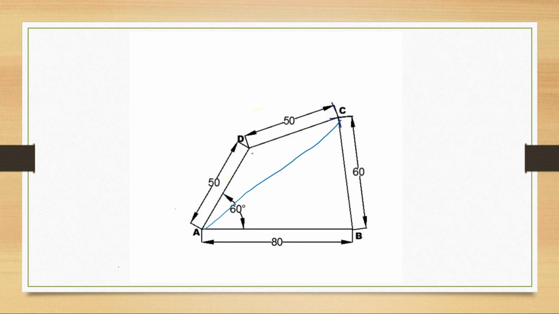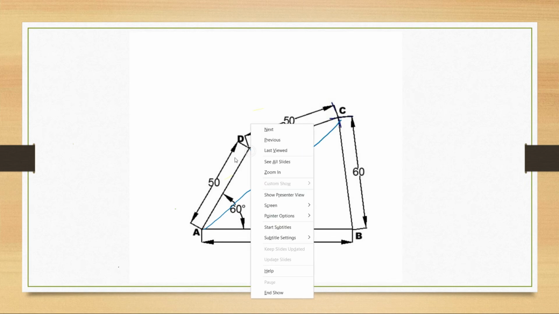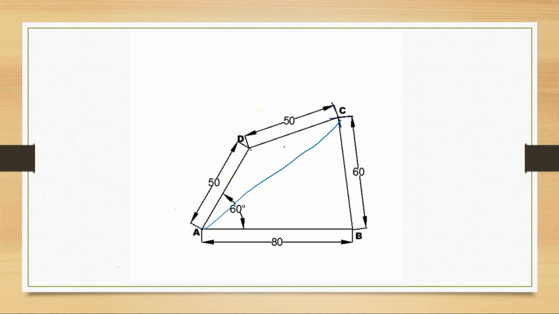So we have two hypotenuses here, AC and DB. What are the hypotenuses? They are just the lines with which we connect the opposite vertices. So AC is one of the hypotenuses and DB is the other.